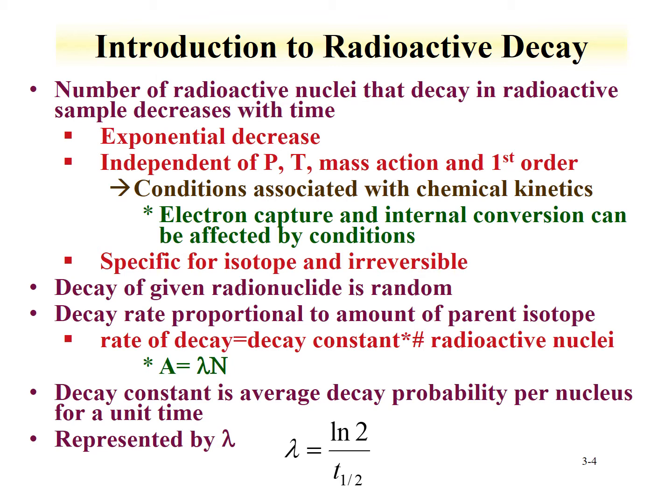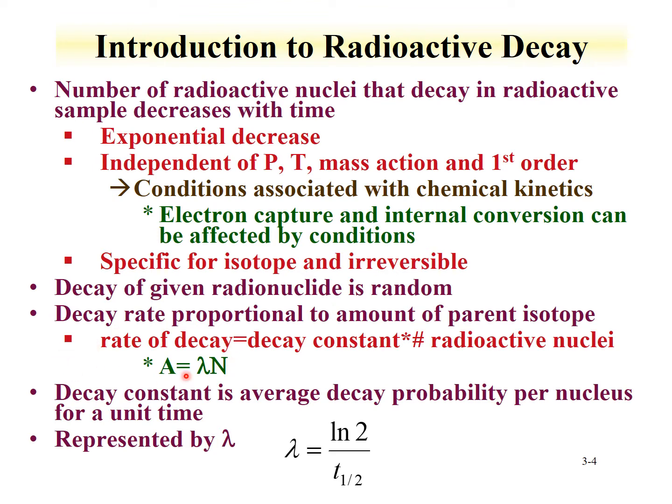I could talk about the lifetime of each given atom, but I can't specifically state which radioactive isotope would decay at a given time. The decay rate is proportional to the amount of the parent isotope, so the decay rate is equal to the decay constant times the number of radioactive nuclei.